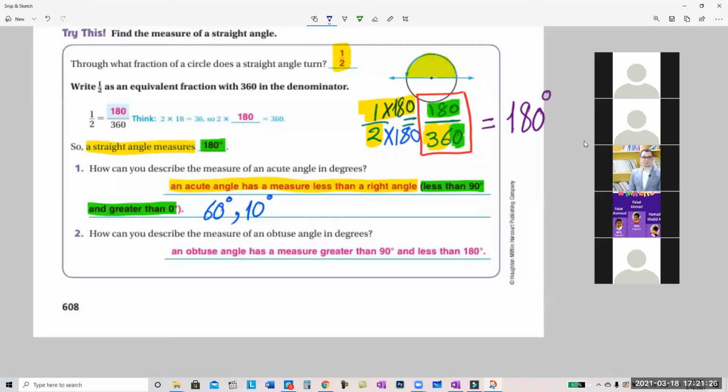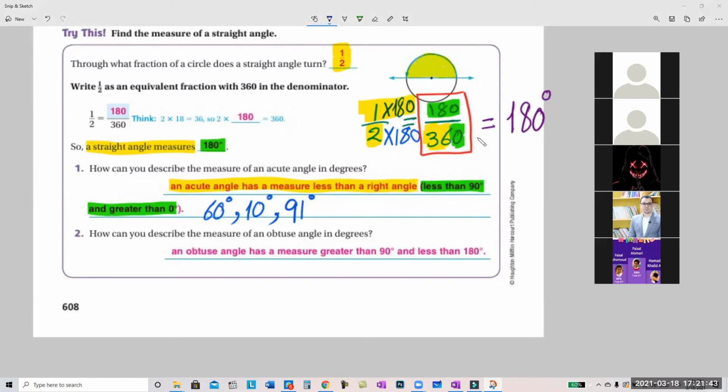I will give you some examples and I will ask someone to tell me, is it acute or not? What about this? Okay, Muhammad al-Baqshi, can you tell me, 91 degrees, is it acute or not?